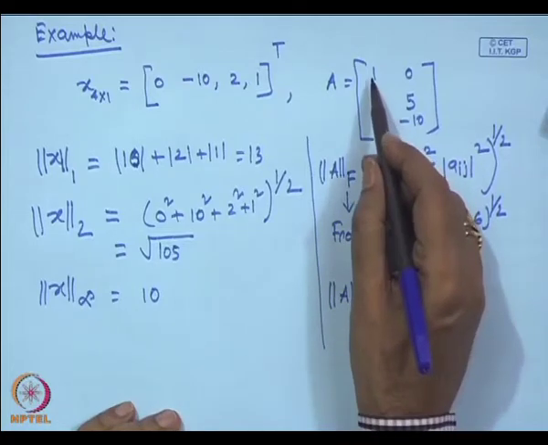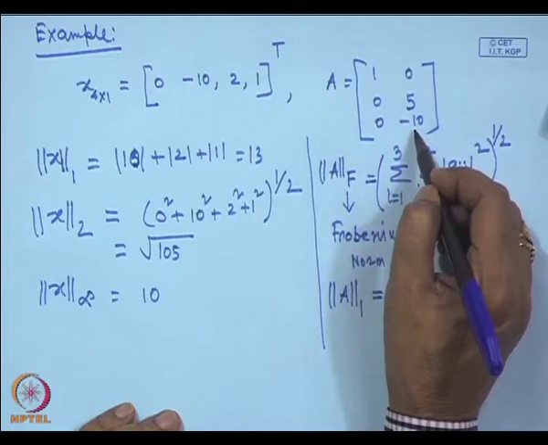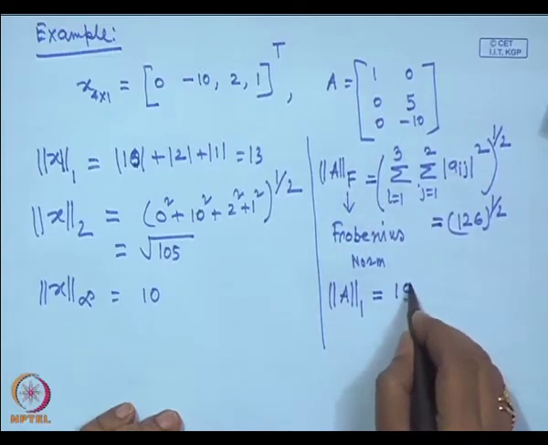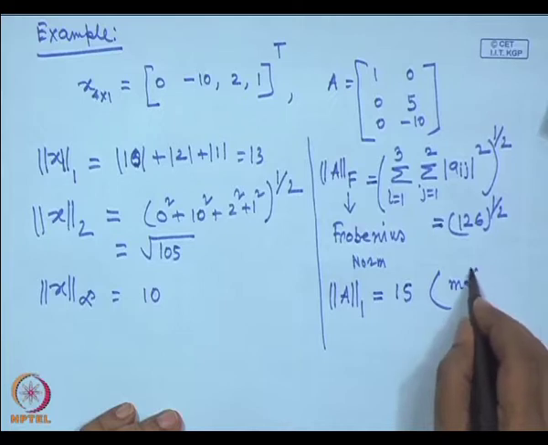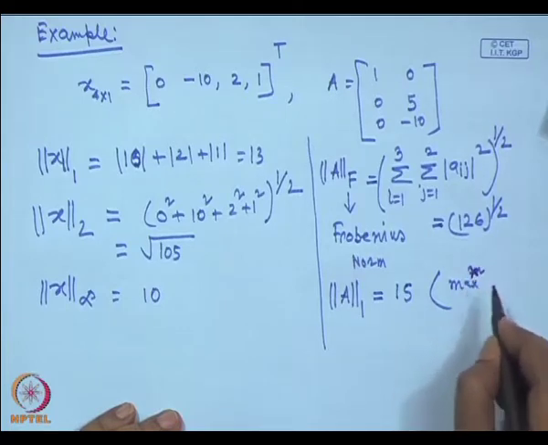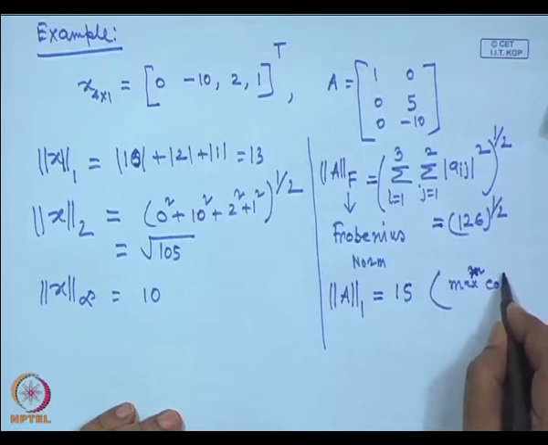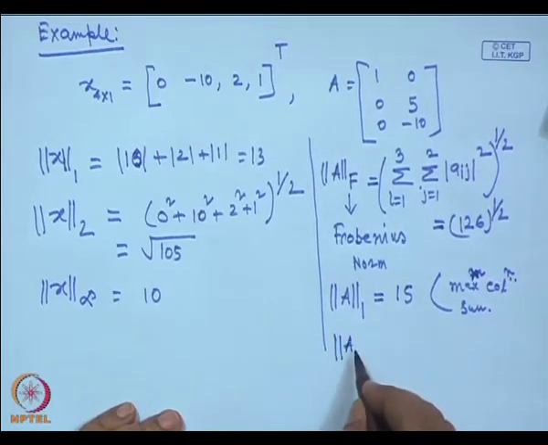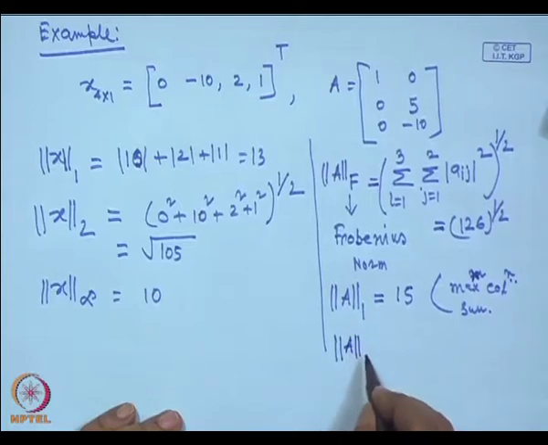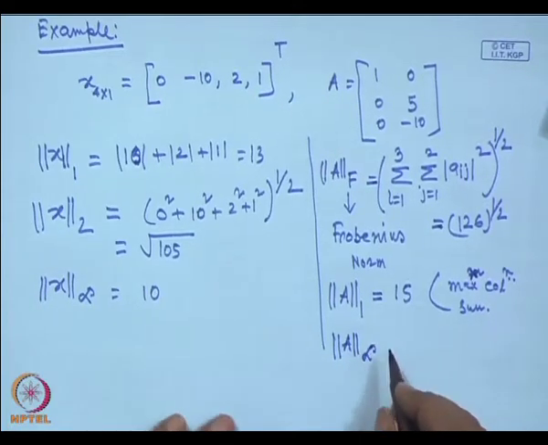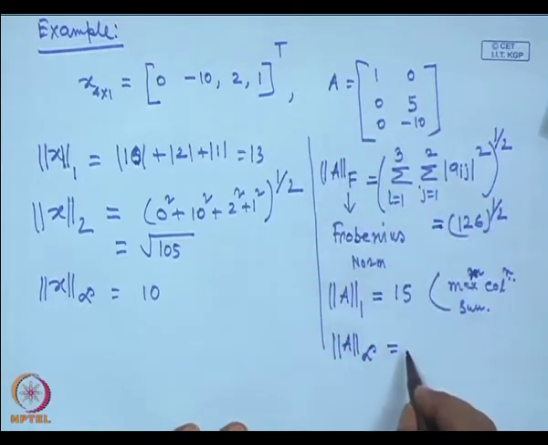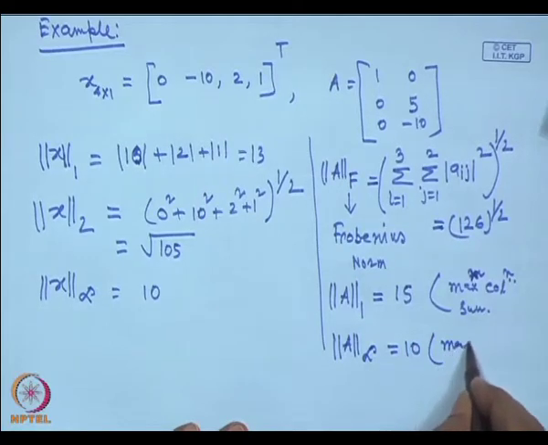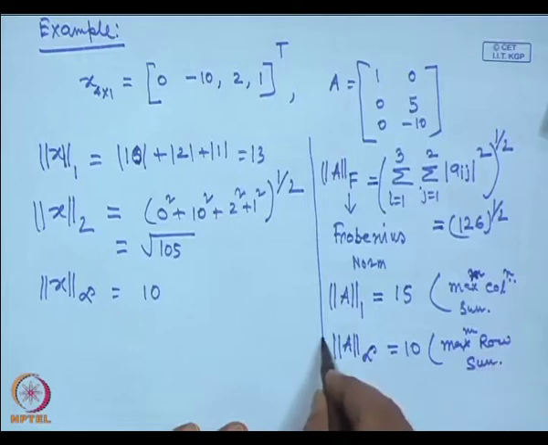The maximum column sum is 15. Then the A infinity norm is the maximum row sum, which is 10.